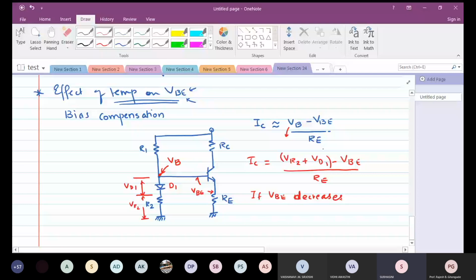If I make sure that this is also a silicon diode, there is a negative sign associated with this, so the change in VD1 and VBE will be the same.